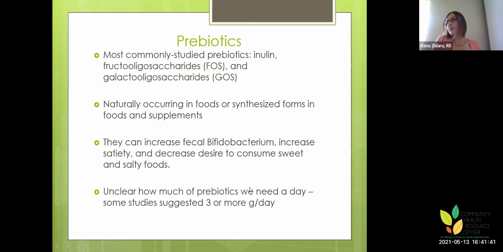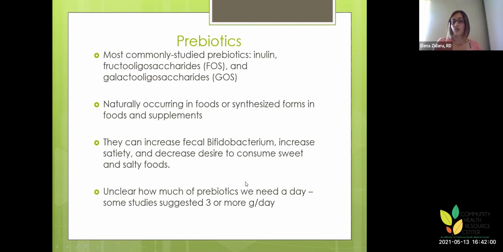We know for fiber, not all the fiber is prebiotic, so there's a distinction. We all know that for a high fiber diet, a woman should consume at least 25 grams of fiber a day, and for men, somewhere around 30 or more.